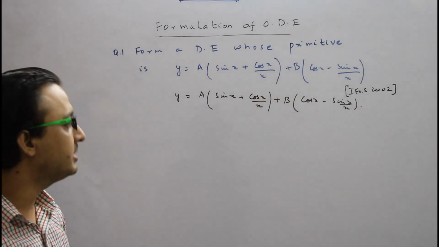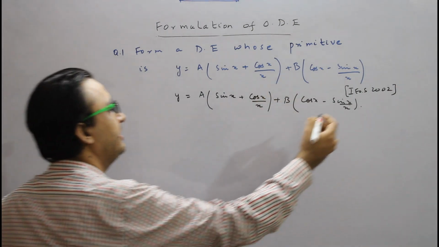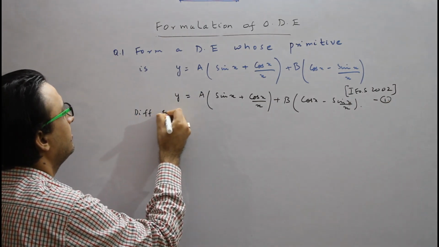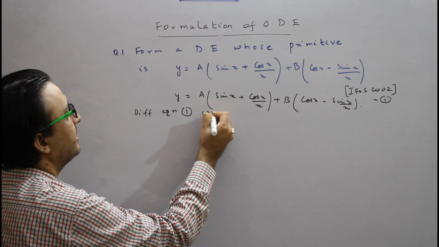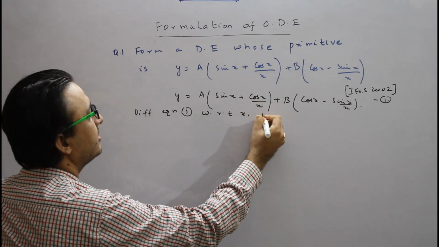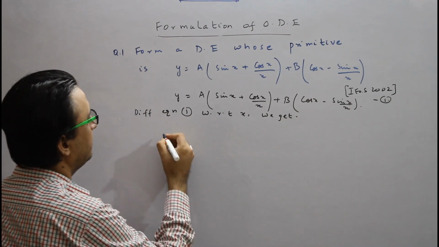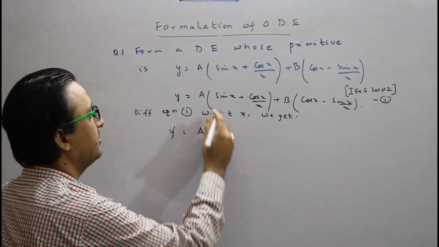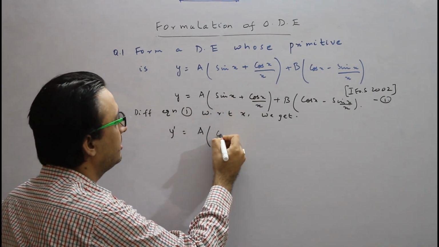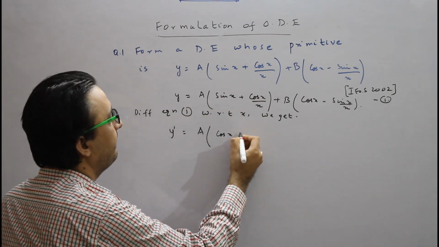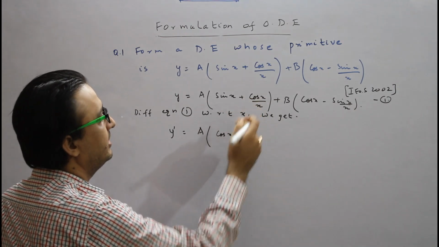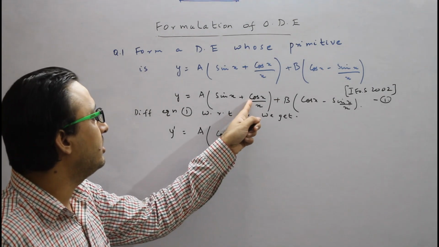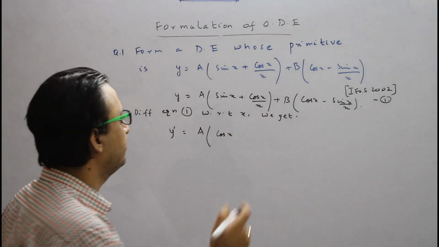That means we have to differentiate it twice. So if we differentiate equation 1 with respect to x, we get y dash as a times the differentiation of sin x, which is cos x, and we are going to differentiate cos x by x, keeping one function constant and differentiating the other.